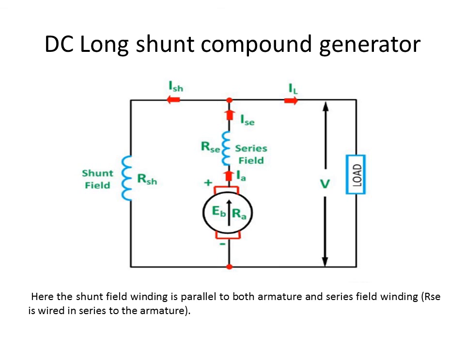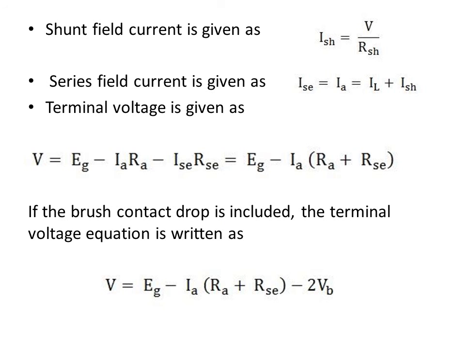Now the equations: ISH is equal to V by RSH.